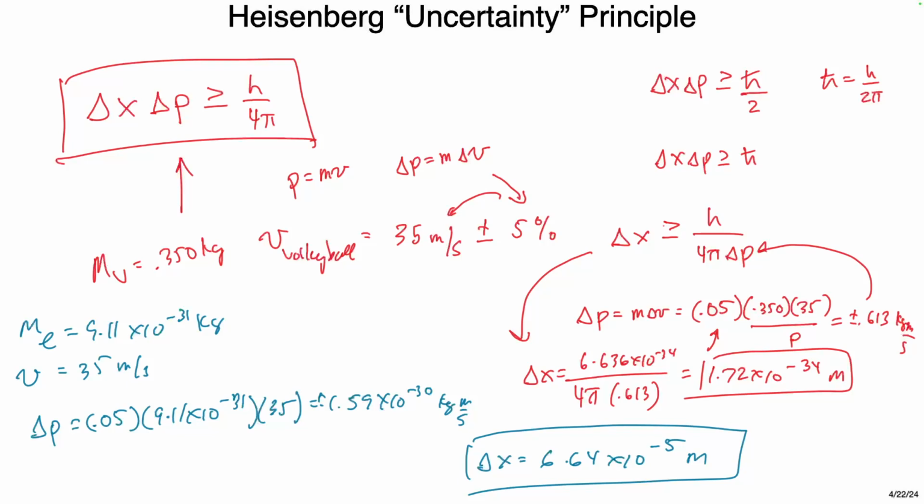But you lose a lot of definition as to where that electron is located. For an atom, they don't know where the electron is if they know how fast it's going, and vice versa. If you know where an electron is, then you have no idea where it came from or where it's going.